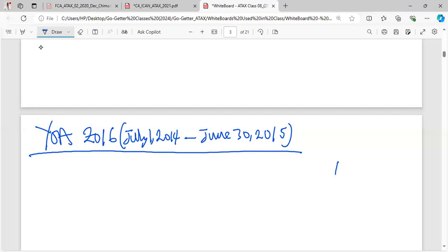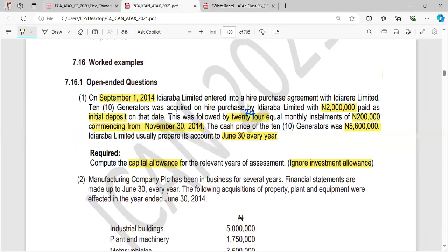So I'll put my Naira sign here. Then I will say costs of assets. What is the cost of the assets? If you look at the assets here, it is generators. This is plant and machinery. And we are told to ignore investment allowance.